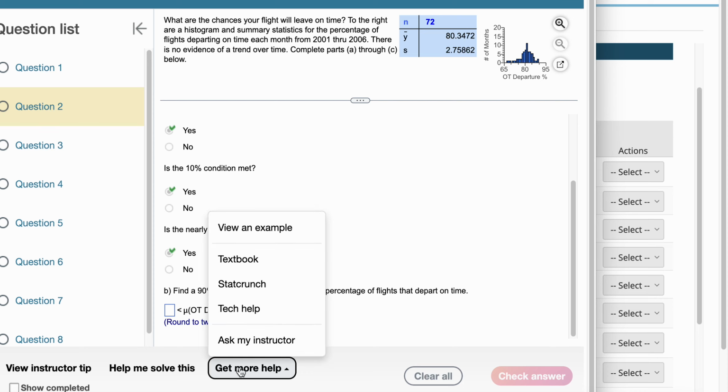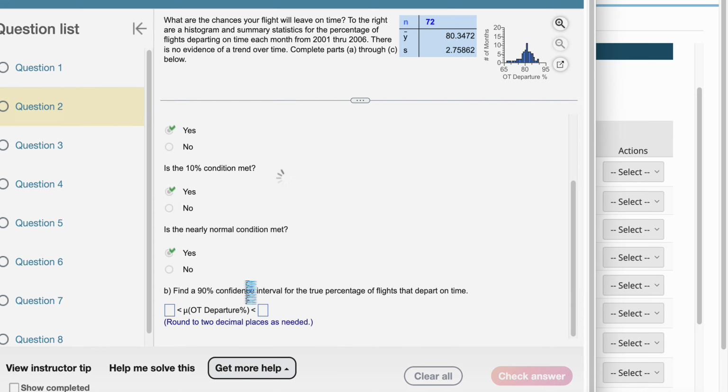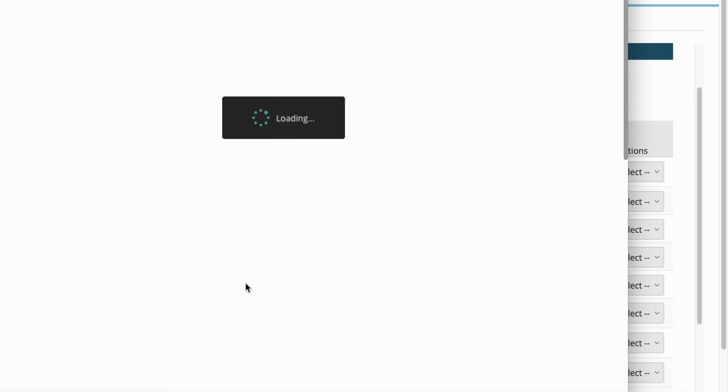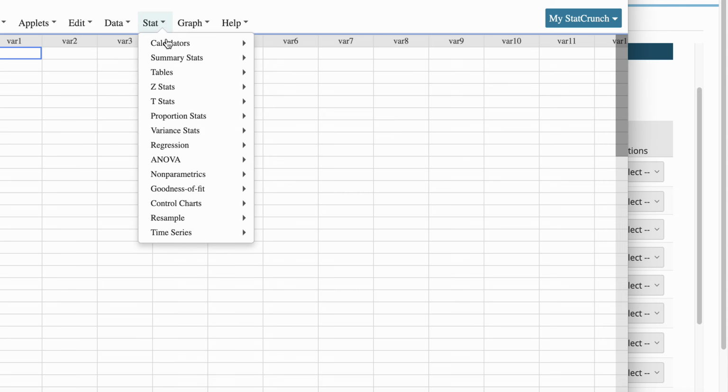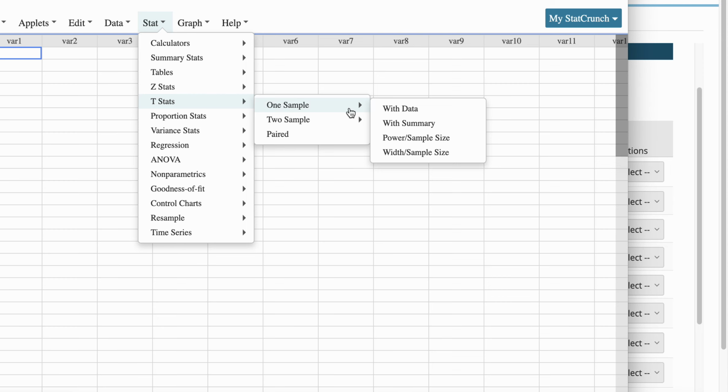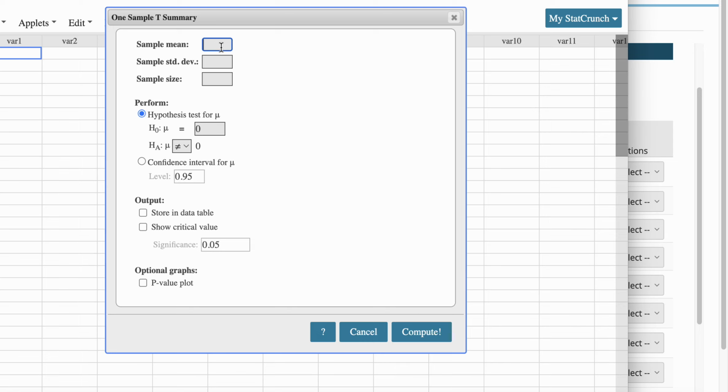So under Get More Help, you can always pick StatCrunch. And under Stat, we're going to pick Summary Stats. And we're going to pick T Stats, because for means you use T Stats. One sample with summary. We have the summary data here.